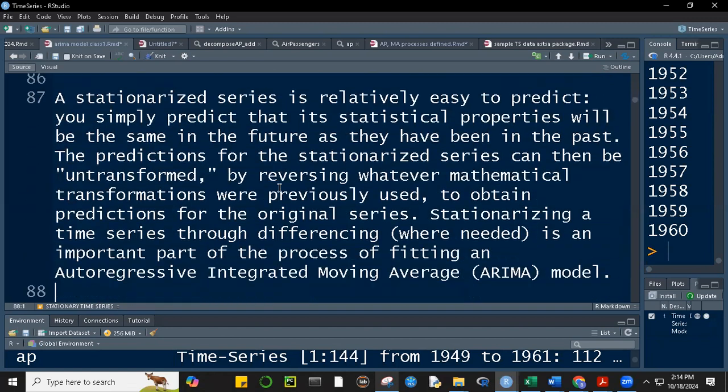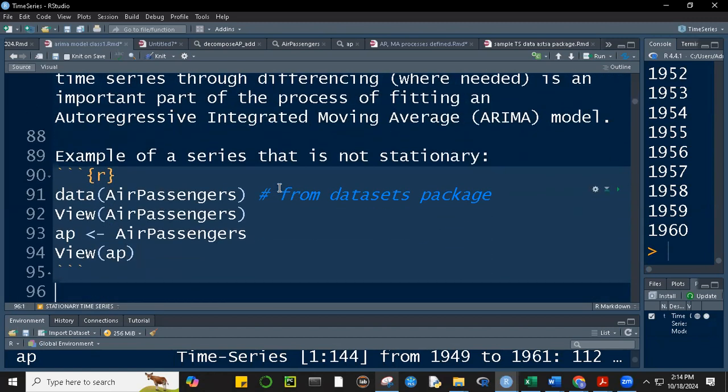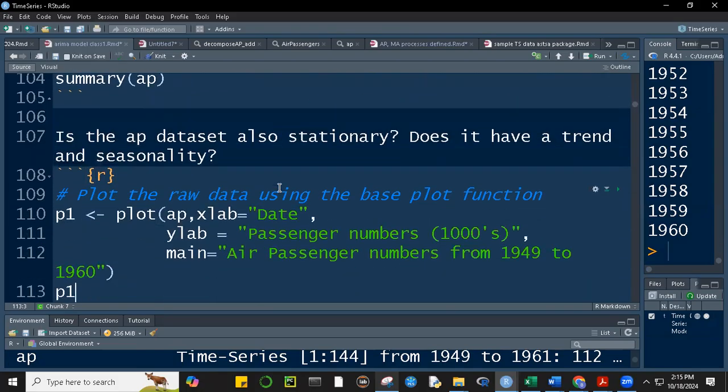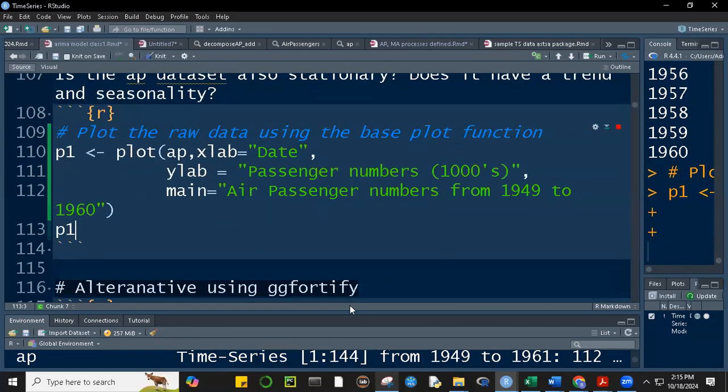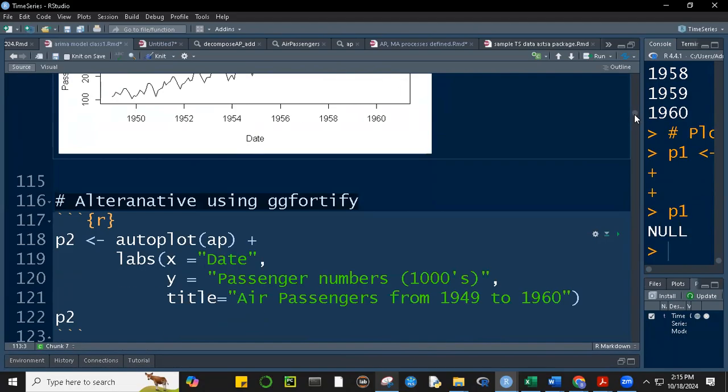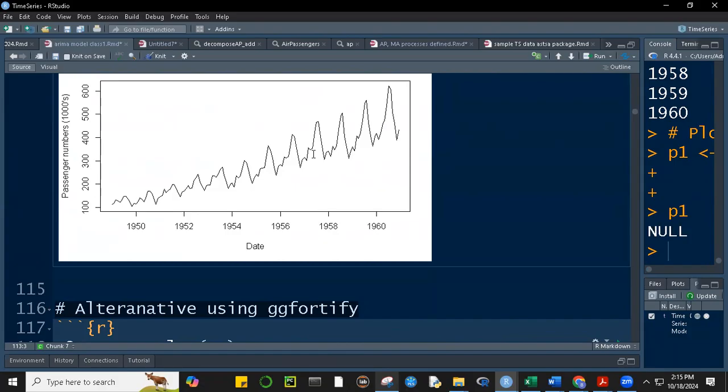Let's plot. The first one makes use of the plot function. We're plotting the AP object. You have the label for the x-axis, the label for the y-axis, and the label for the main plot. Let's run this. And we can see here, class, that it is definitely not stationary. Why? There's a trend, and also the variance is non-constant.